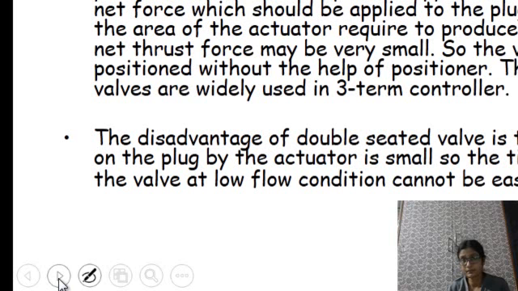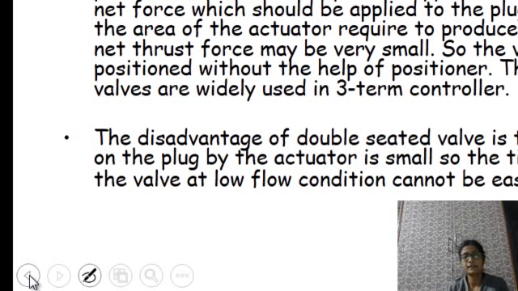But if the plug is double seated, due to the division of fluid flow, the differential pressure existing across the plug in the process fluid for both plugs is equal and opposite, so the net force to be applied to the plug stem is negligibly small.